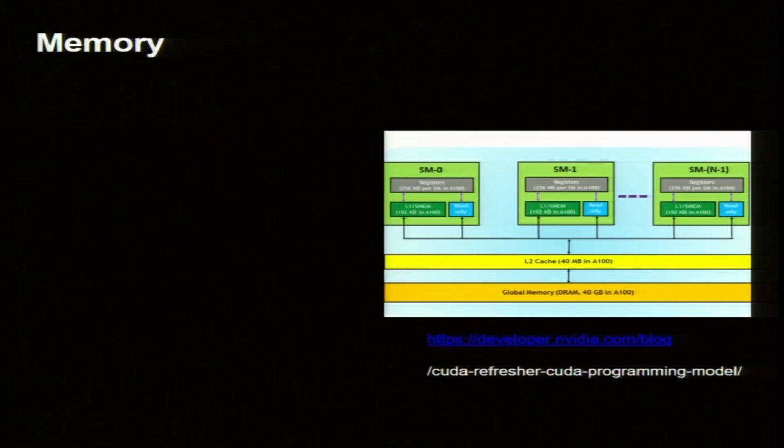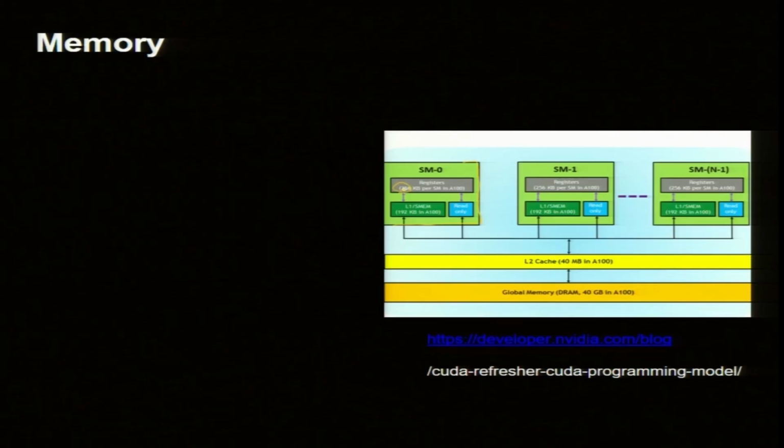Now, how is memory organized inside a GPU? This is from the NVIDIA website. I think you should see this picture carefully. These are SMs, SM1, SM0. I do not recall, A100 has something like 108 SMs, but there are SMs. And within an SM there are registers, 256 KB, which is a big number.